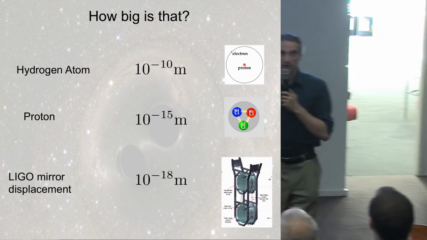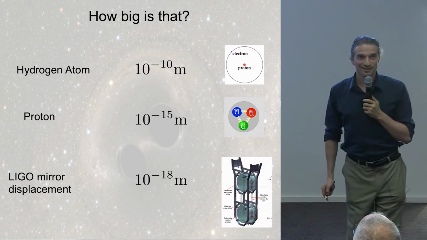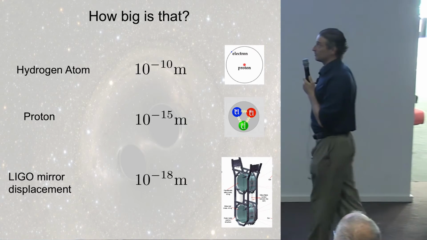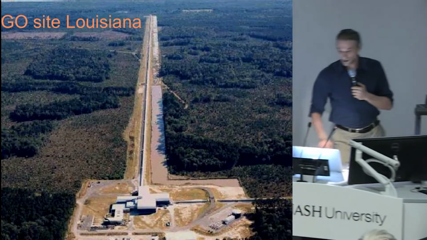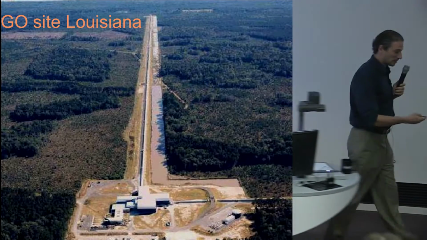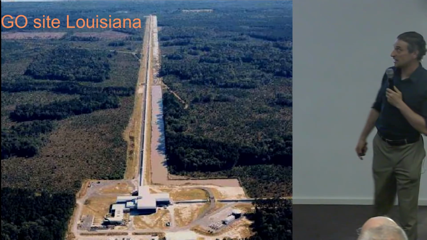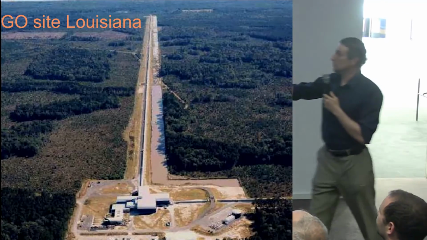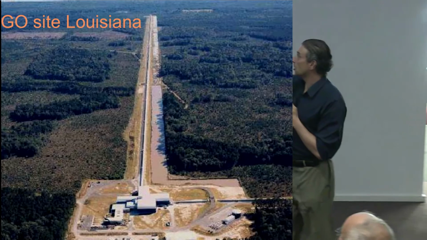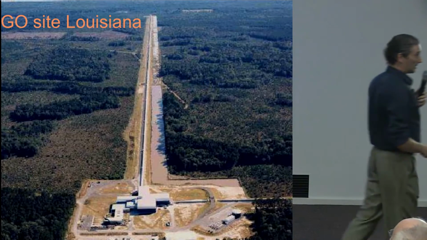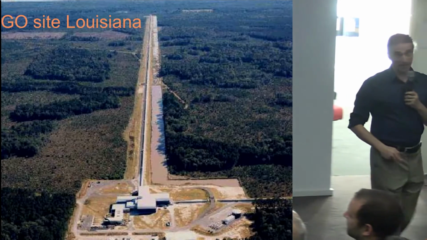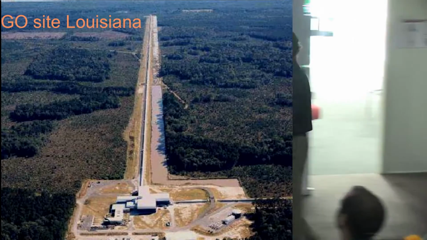Does it sound to you incredibly difficult? I hope it sounds to you incredibly difficult, because it is difficult, and that's why we have to build these amazing machines. So this is a picture of the second site of LIGO, which is 4 kilometers long, and it's not in the desert in the state of Washington, but in a swamp in the state of Louisiana in the United States.